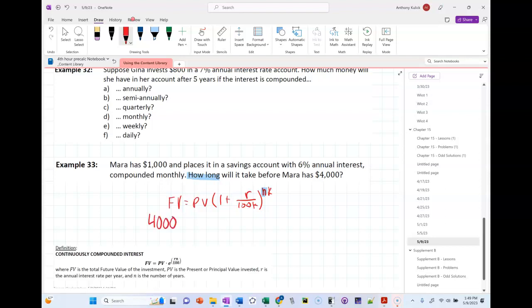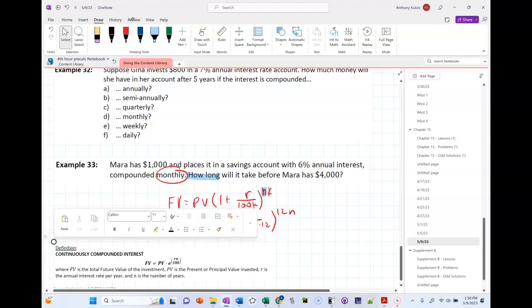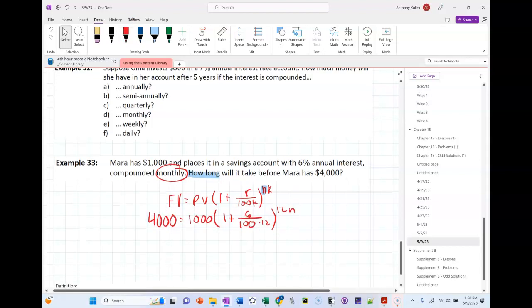Good, that's the future value. The PV then is 1,000. R was 6%. K is, what's K? Good, 12, because it says monthly there. And N is our variable. So we're going to be solving this equation for N.